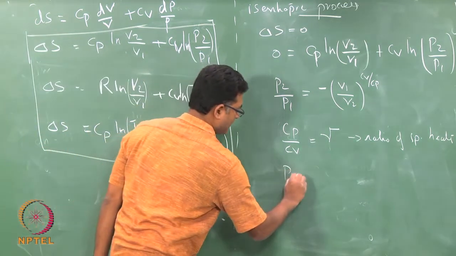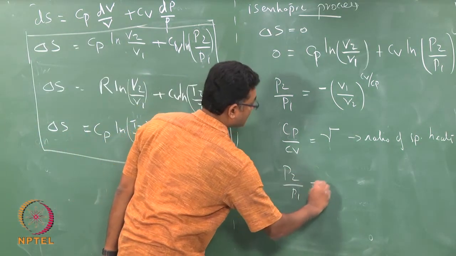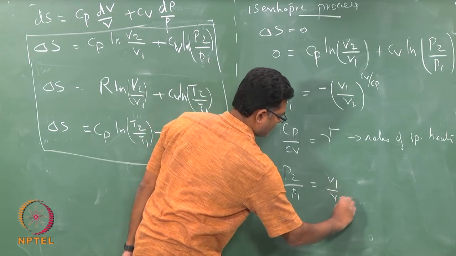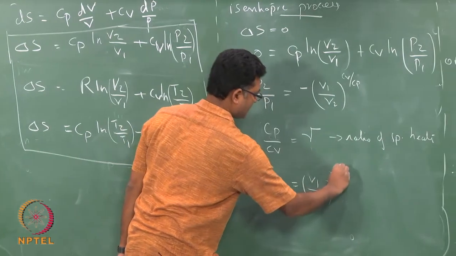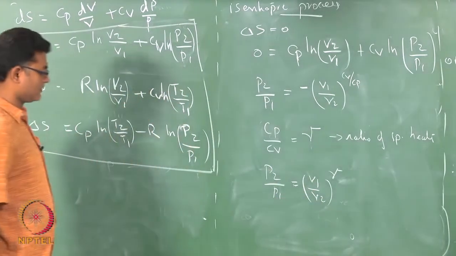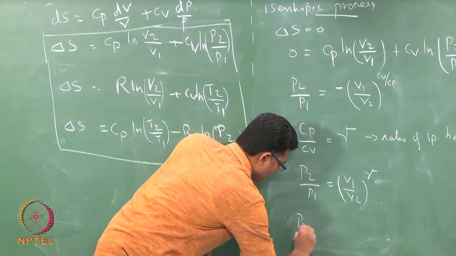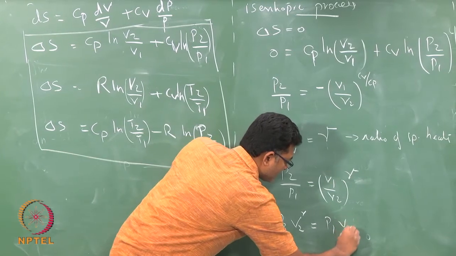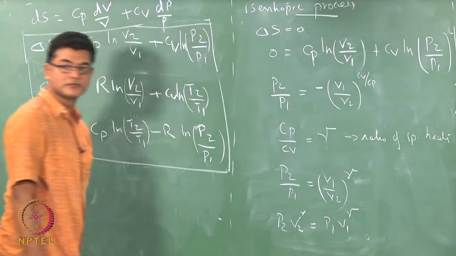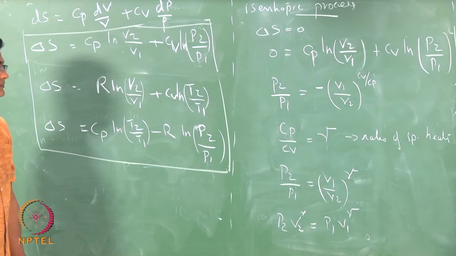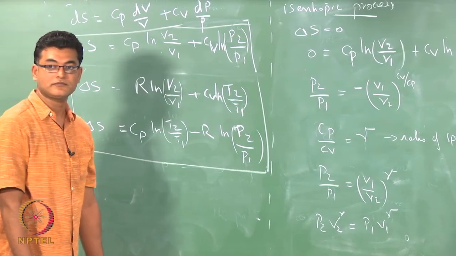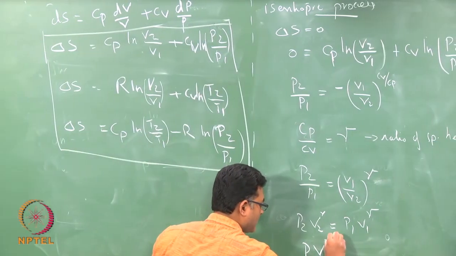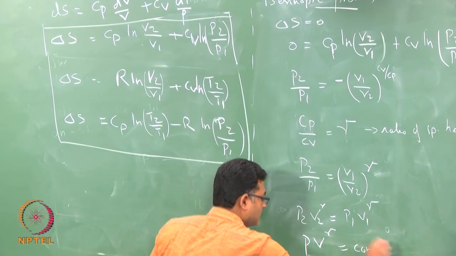So your P2 by P1 equals V1 by V2 to the power gamma, or P2 V2 to the power gamma is P1 V1 to the power gamma. PV to the power gamma equals constant.